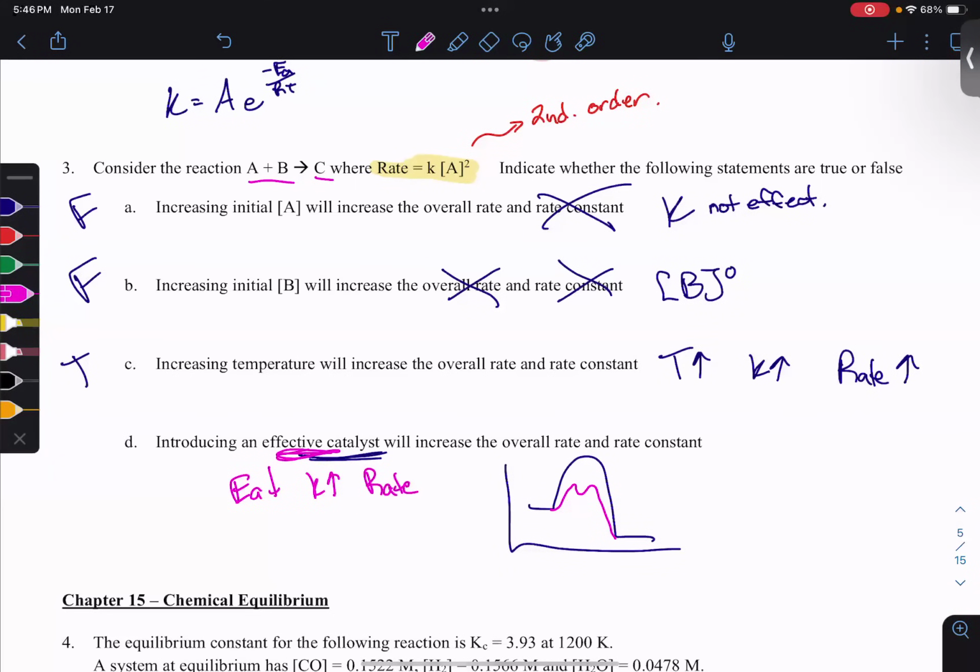So the catalyst is kind of like temperature in a way, where it affects the rate constant and therefore affects rate without changing any concentrations or anything. So the first two are false, the second two are true. The first three are kind of like review from midterm 1, but the new idea here is that last piece.